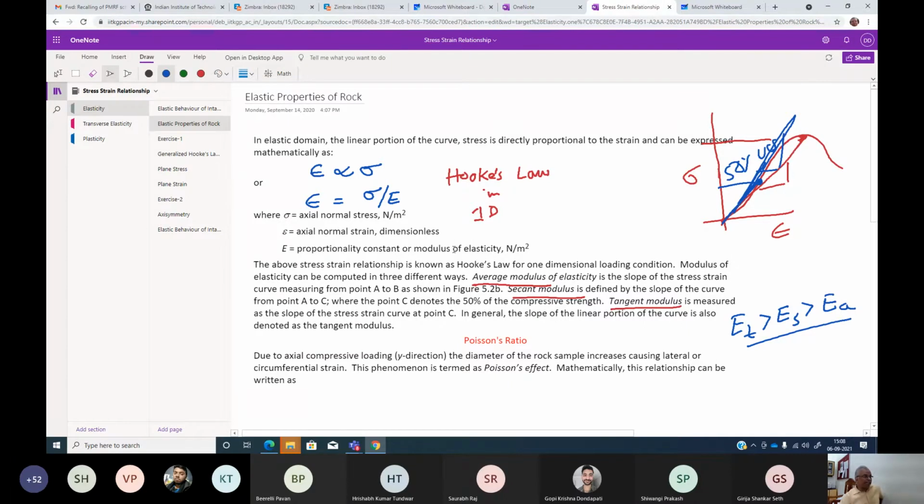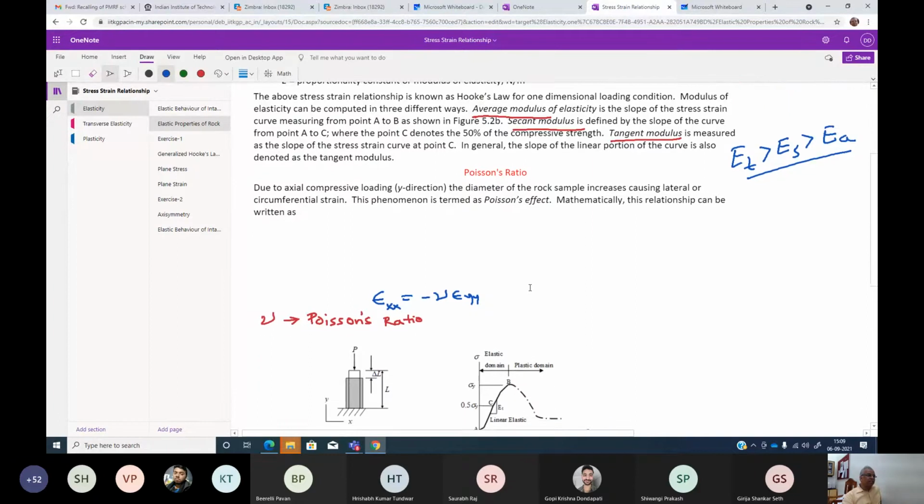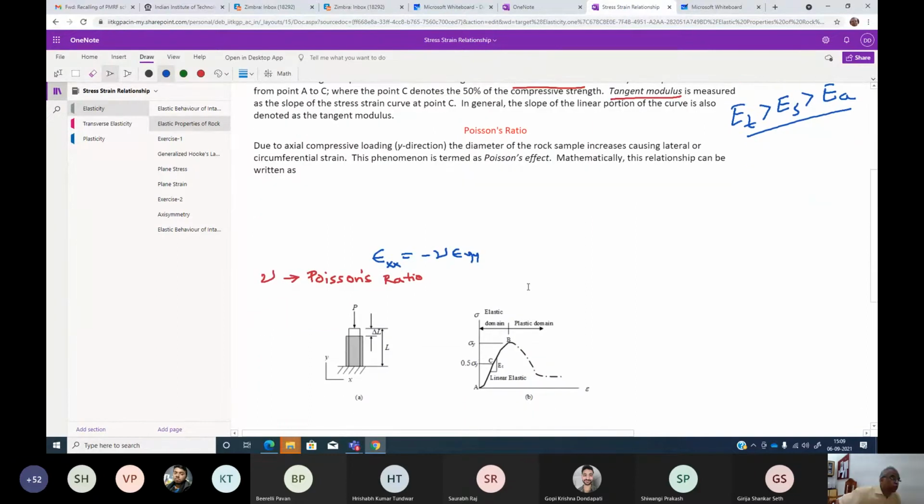Now there is another elastic property. This is called Poisson's ratio. This was first observed by a French scientist called Poisson, and what he observed is that when we are pushing or pulling a material, it definitely changes its geometrical shape along that direction, that means the length.